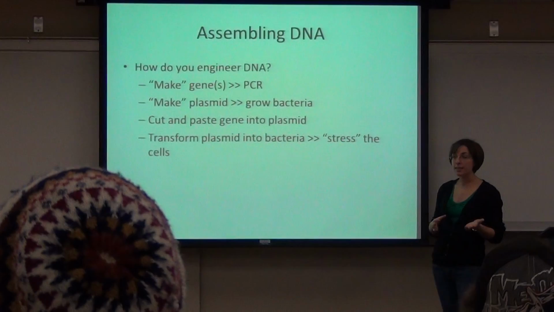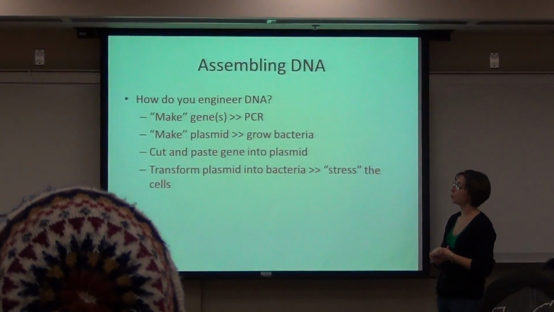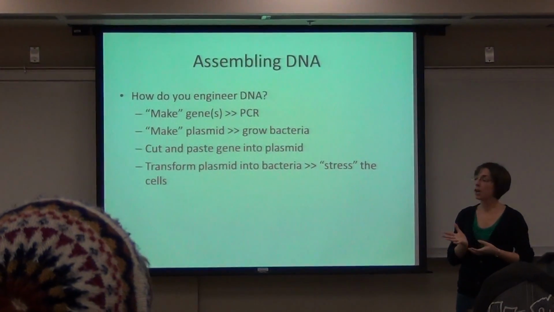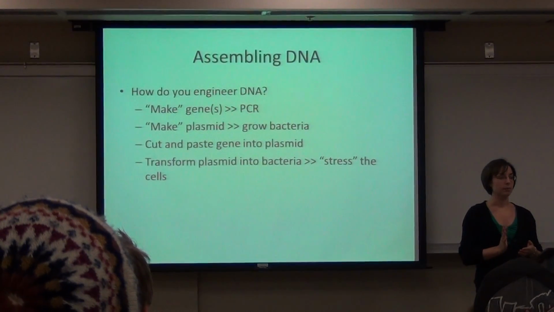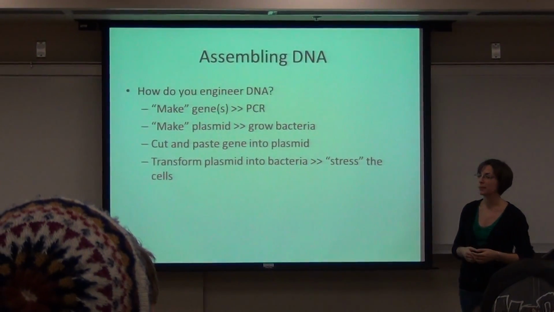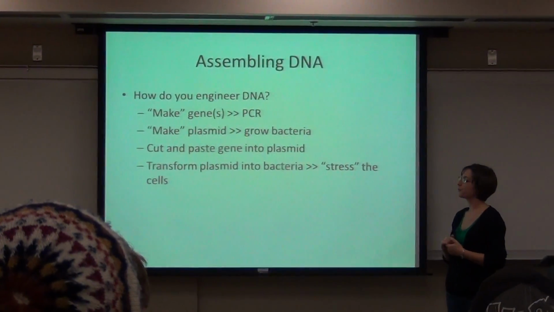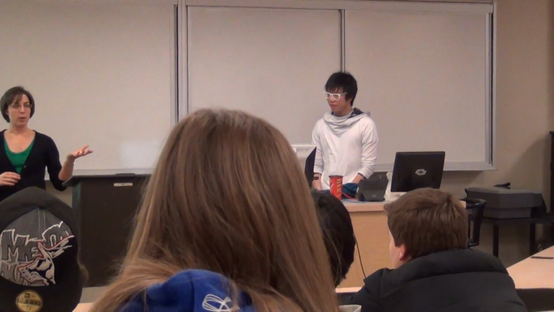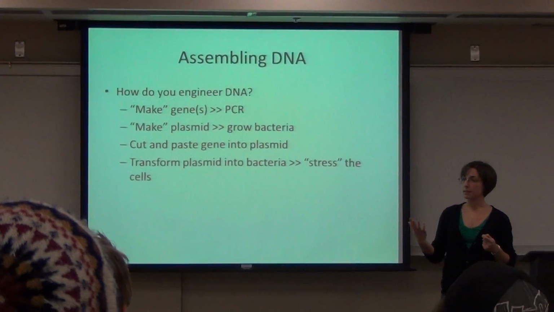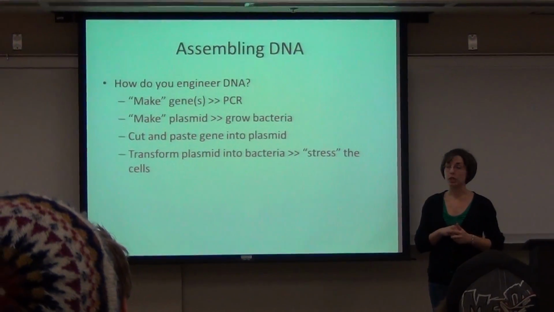There's also another way that we can make a gene, and it's through a process called PCR, the abbreviation for polymerase chain reaction, and Anthony's going to go over that very soon. So once we have the gene that we want, we can also make the plasmid that we want to put that gene into.